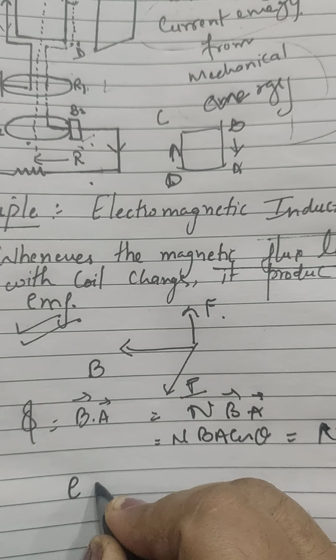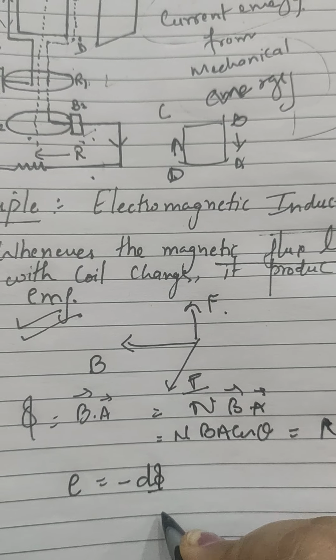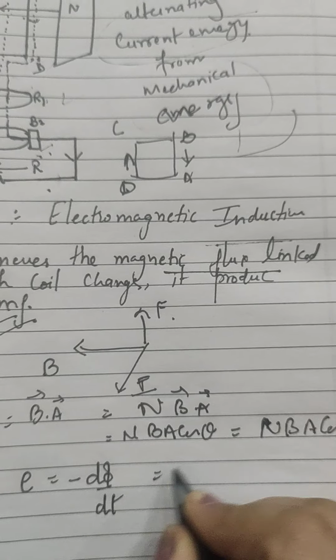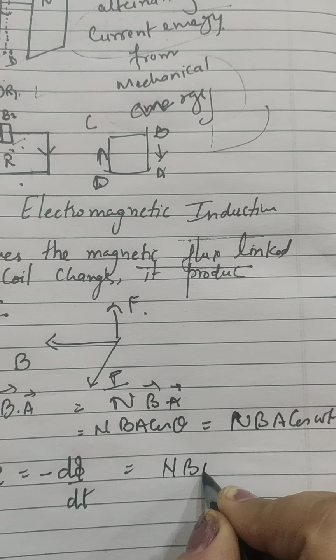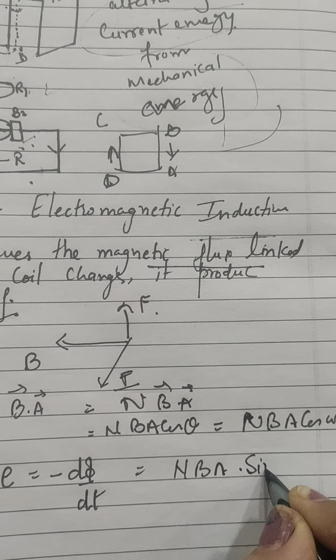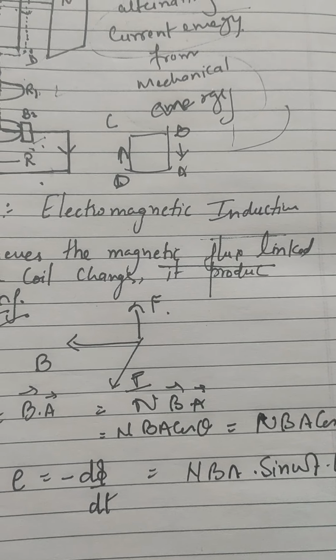Now EMF induced is given by minus d phi by dt. So if we differentiate it, it will be N B A sine omega t into omega.